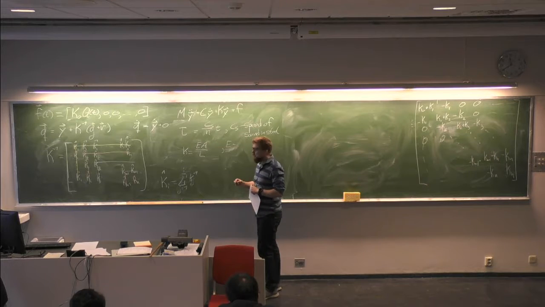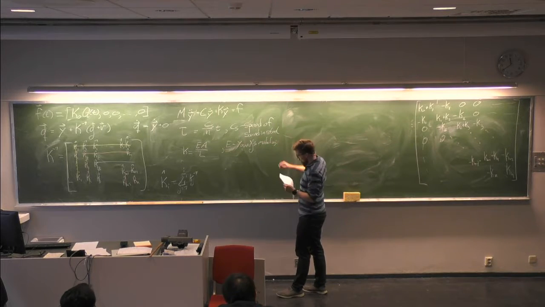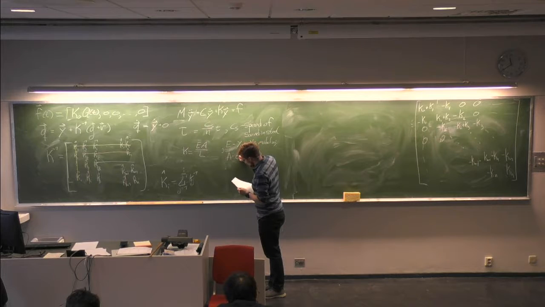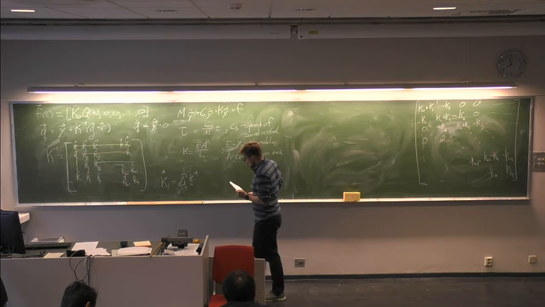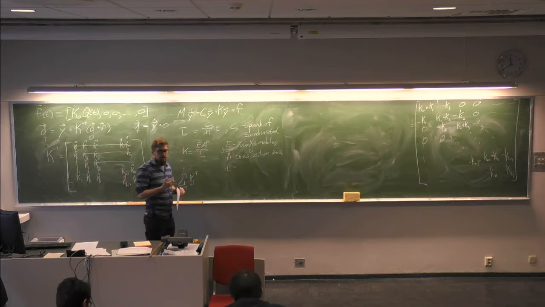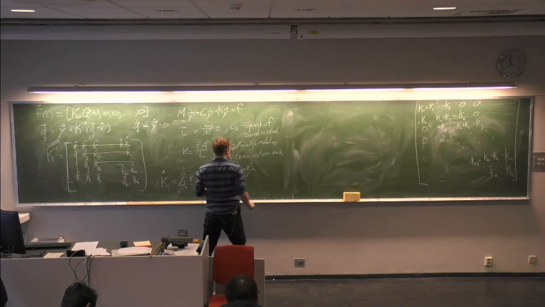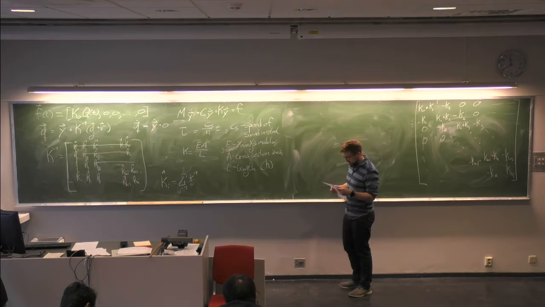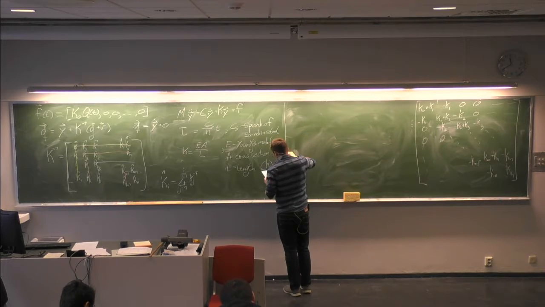E is Young's modulus, A is the cross section of the spring, the area, and L is the length of the spring, which we've previously called just H.